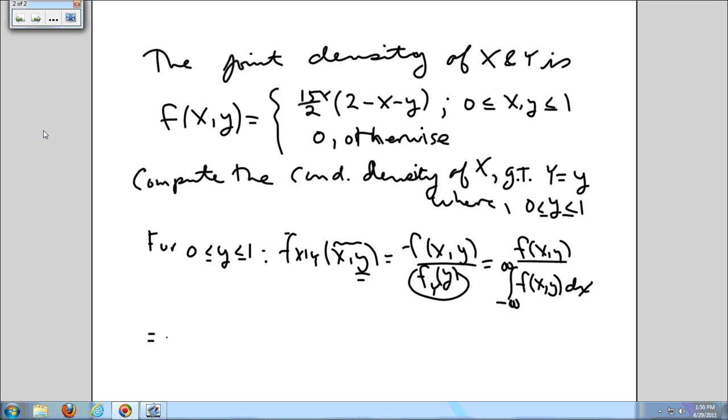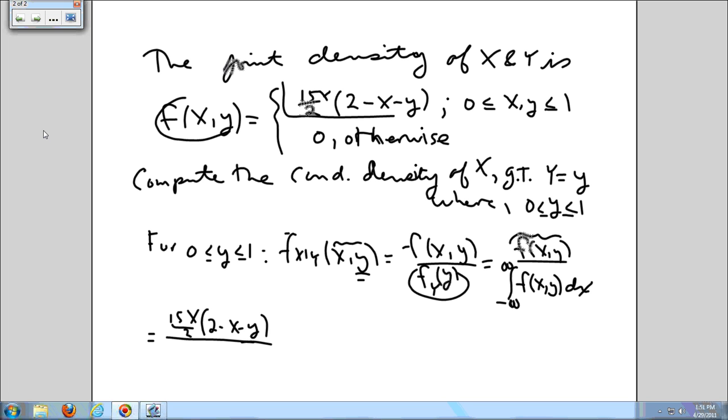Okay, the numerator, this piece right here, is given right here. It's going to be 15x over 2 times the quantity 2 minus x minus y.